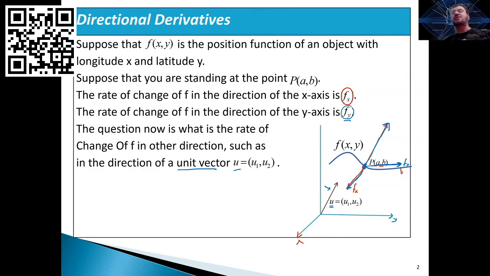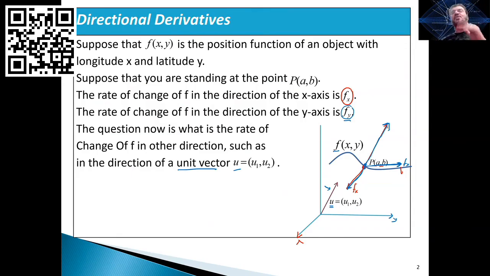Or in other words, we are going to measure the velocity or the speed of an object moving on this curve represented by this function in the direction of the unit vector u. This is the summary of everything in this section.